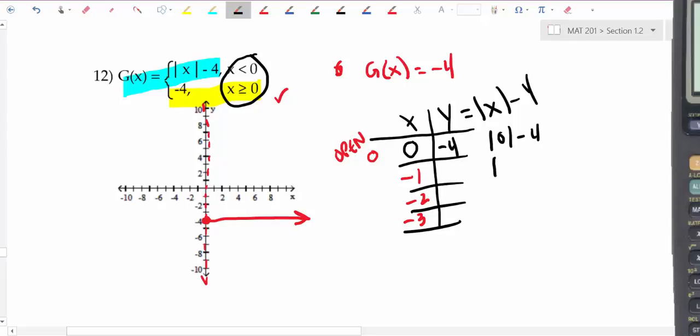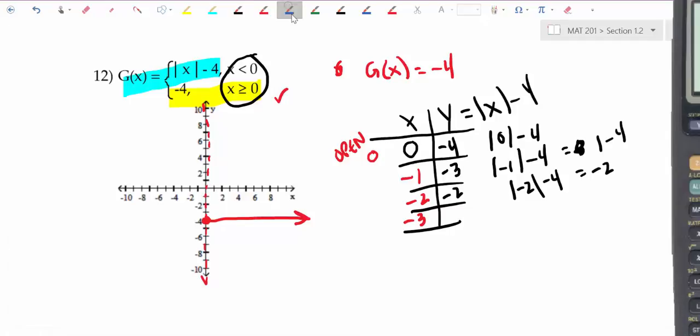Then absolute value of -1 minus 4. What is that, by the way? It's -3, because you got to do the absolute value. You got to do 1 minus 4, so that's -3. And then absolute value of -2 minus 4 is going to be -2, and so forth. Now you've got a pattern, so you could fill it in.